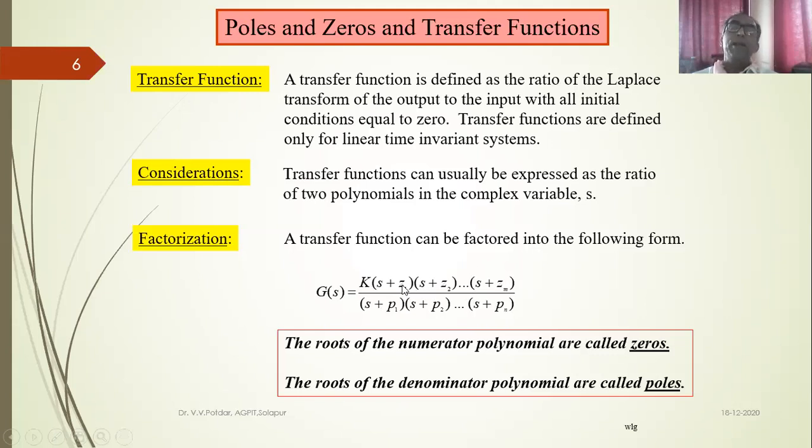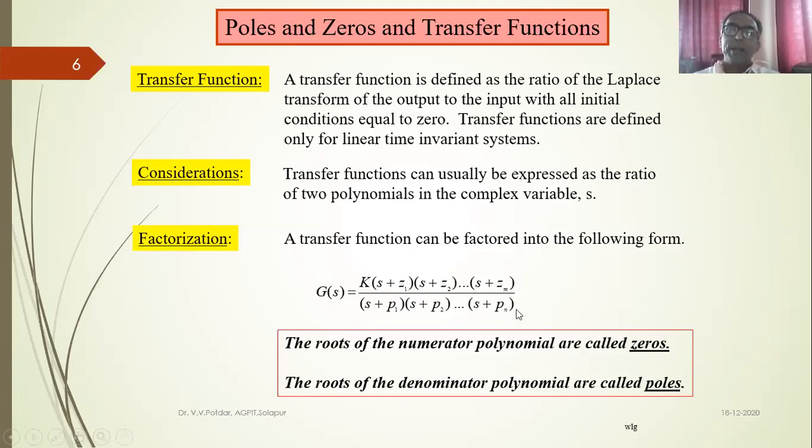So that value for which the factor in the numerator makes the ratio 0 is called a zero of that system. Got the point? So whatever the numerator factors are, they correspond to zeros of that system.